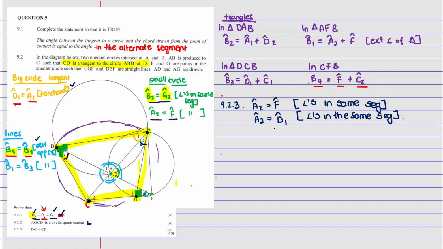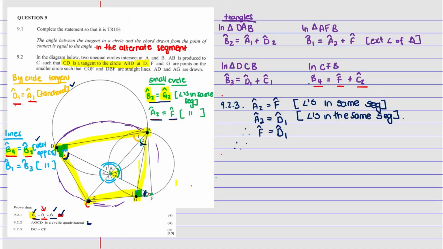That means angle D1, therefore we see that angle F is equal to angle D1, which is what we want. Angle D1 is equal to angle F, which is what we want, because that creates the opposite angles of a triangle, so they are equal to each other. That's a conclusion. So therefore, what can we conclude?